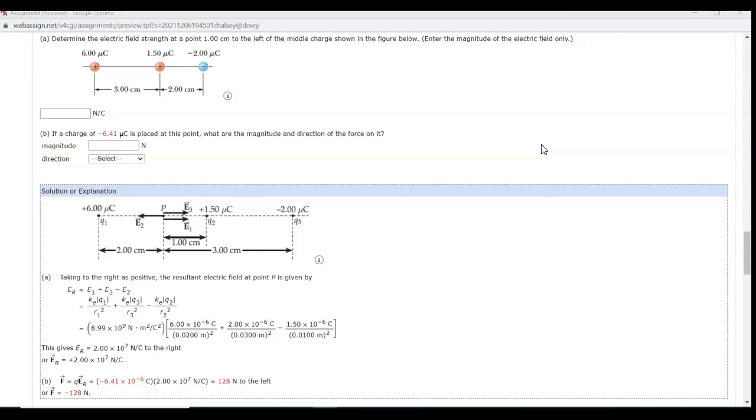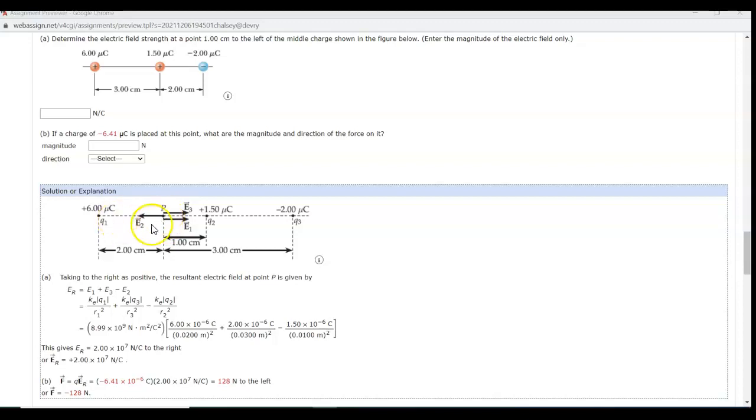Okay, determine the electric field strength at a point 1 centimeter to the left of the middle charge shown in the figure below. Enter the magnitude of the electric field only in newtons per coulomb. All right, taking to the right as positive, the resultant electric field at point P, which is here.